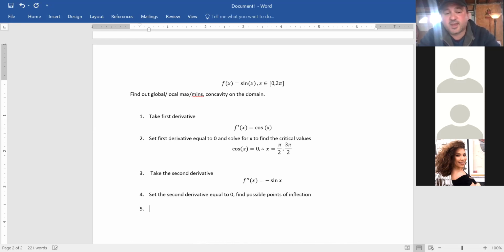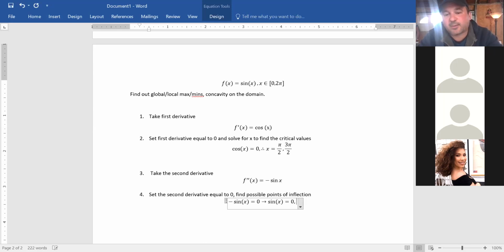So negative sine of x is equal to 0. That implies that sine of x is equal to 0, right? If you just divide both sides.